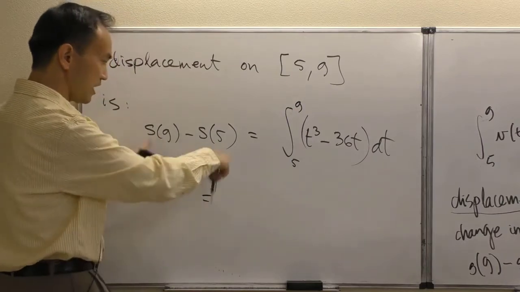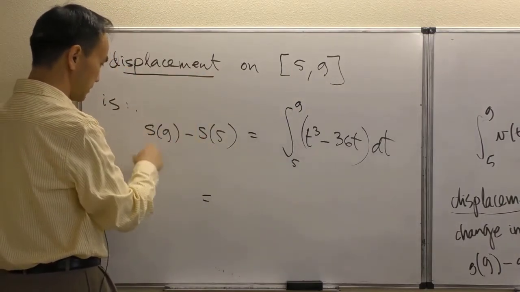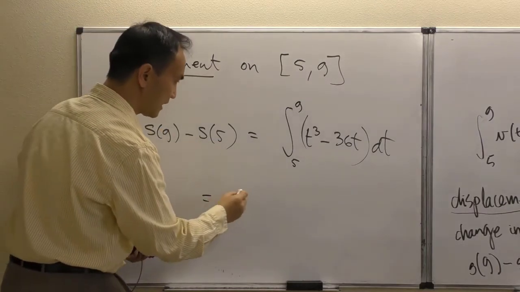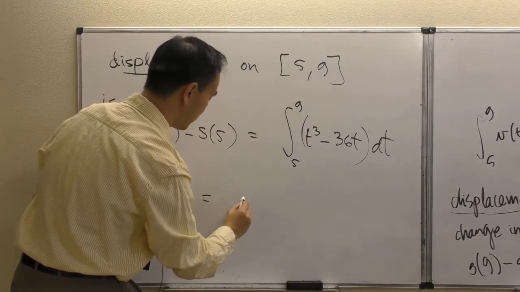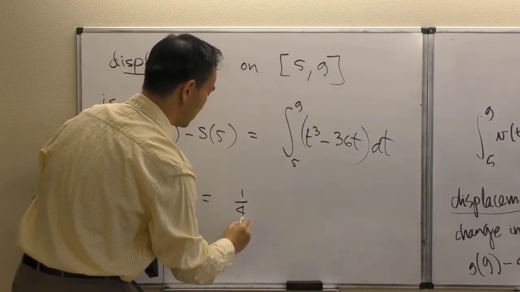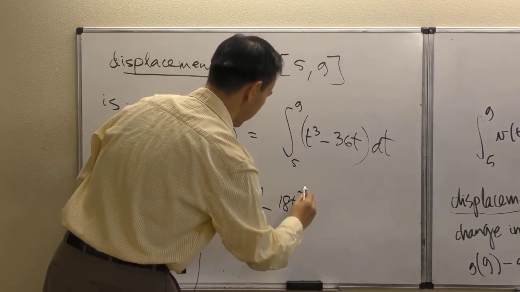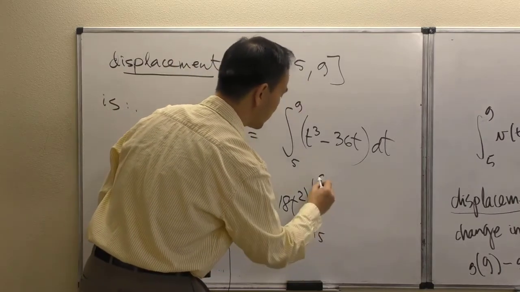That means our net change, our total displacement, is mathematically the net change between s of 9 and s of 5 right here. Now our antiderivative is going to be 1/4 t to the 4th minus 18 t squared, and then we're going to evaluate that from 5 to 9.